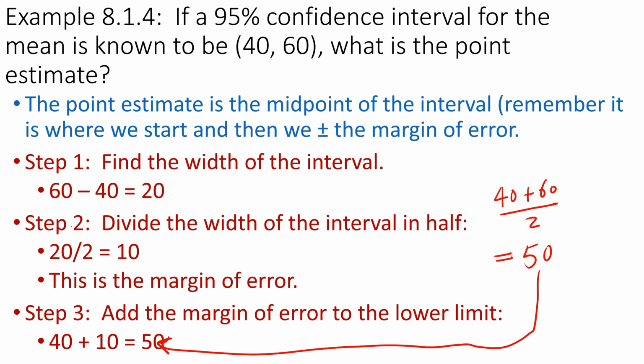However, you may want to follow these 3 steps because this is a natural way to construct the confidence interval, and you can get the margin of error in step 2. Using this ratio can only tell you the middle point or the point estimate. You cannot get the margin of error using the ratio here.